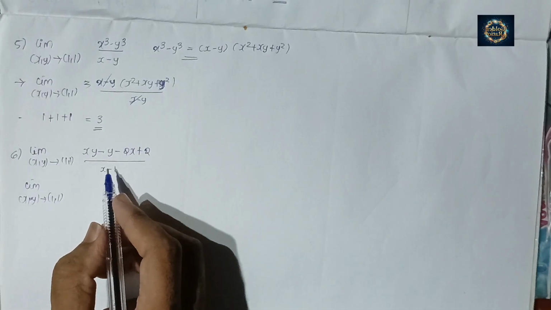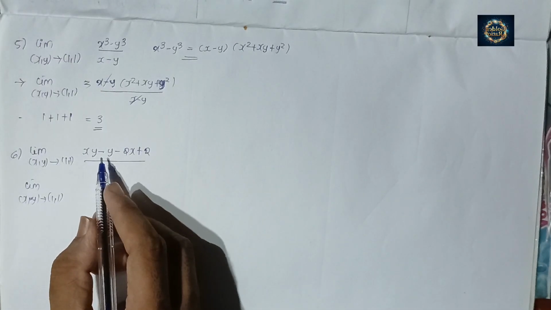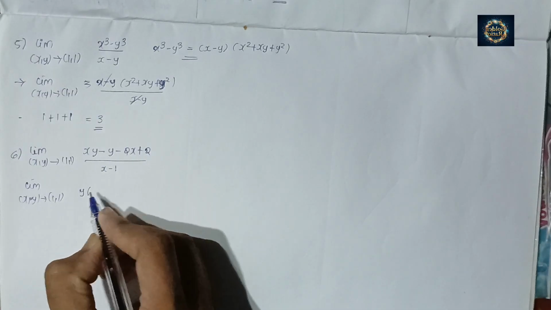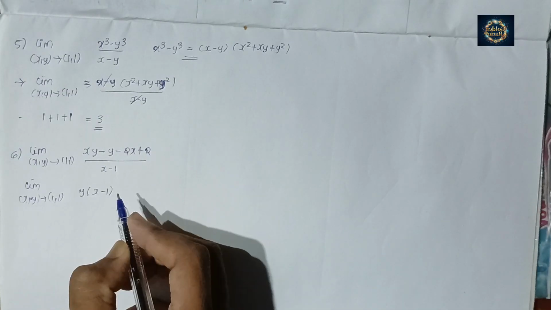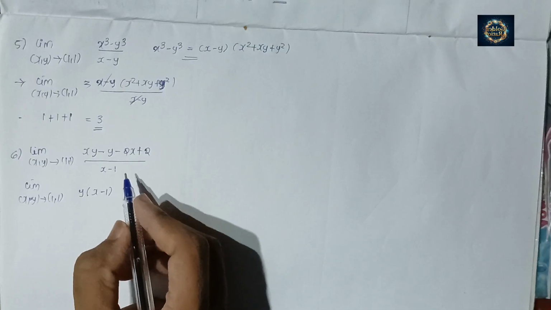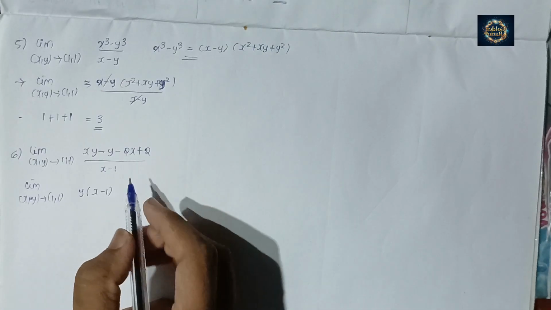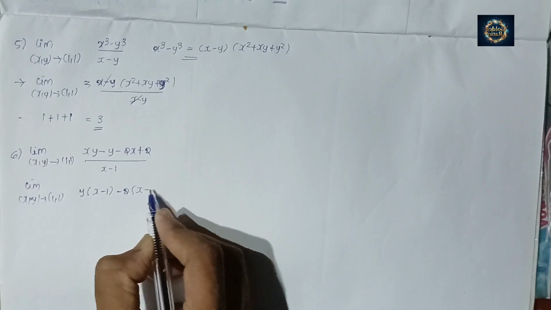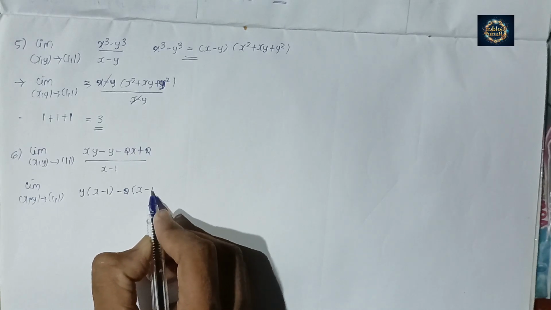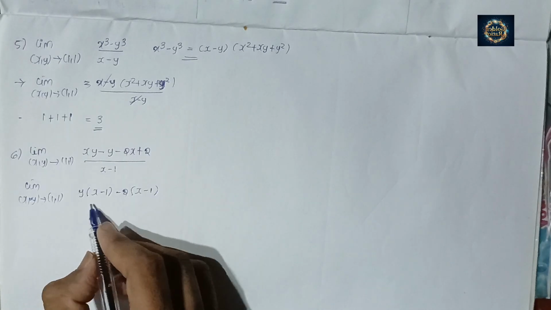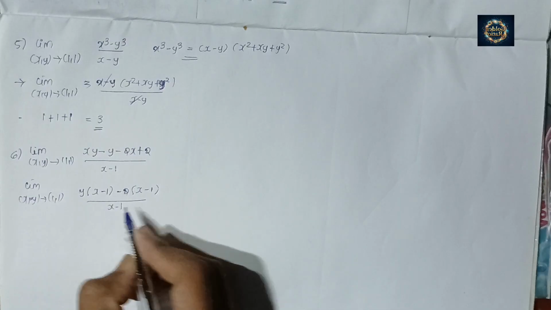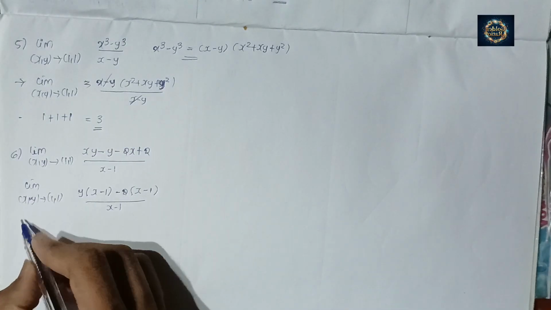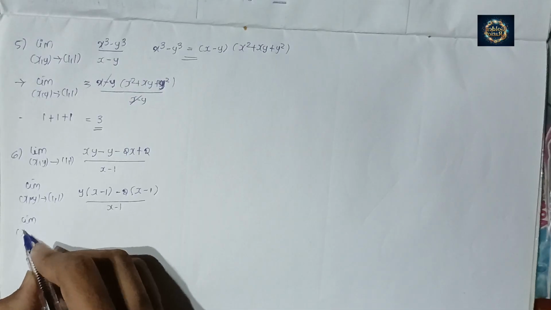In the numerator, y is common, so I take y outside and x minus 1 remains. From the other two terms I take minus 2 outside, so x minus 1 remains. In the denominator also there is x minus 1.